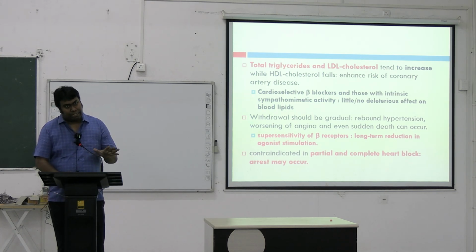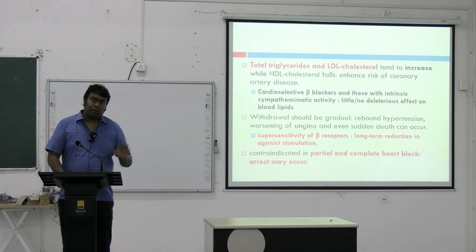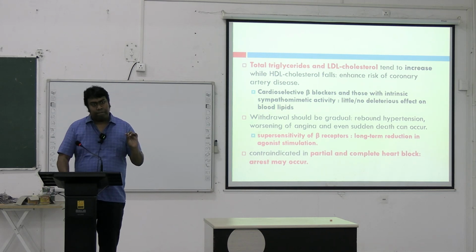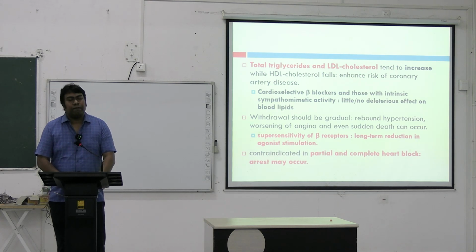Arrhythmia has a completely separate classification, class 1, class 2 and so on, which tells where to give which. One more thing remains: heart failure. In acute congestive heart failure, diuretics, furosemide, is the drug of choice. Clear? So in case of hypertension and heart failure, beta blocker is not the first line drug, but beta blocker is important for all 5 conditions: hypertension, angina, myocardial infarction, arrhythmia, and heart failure.